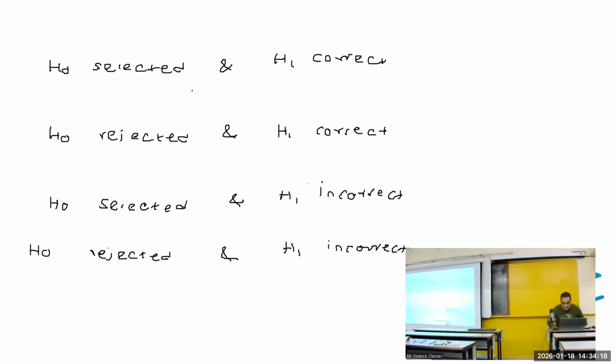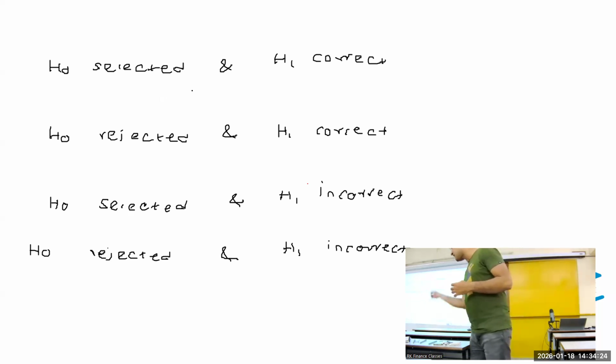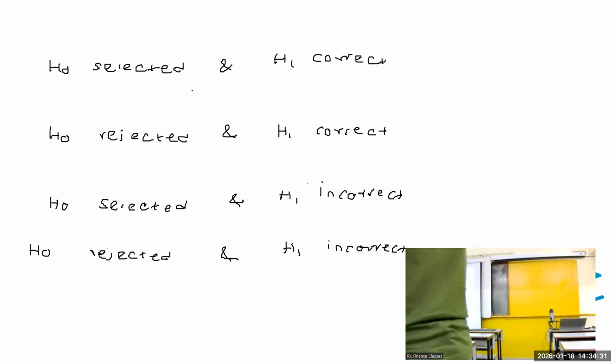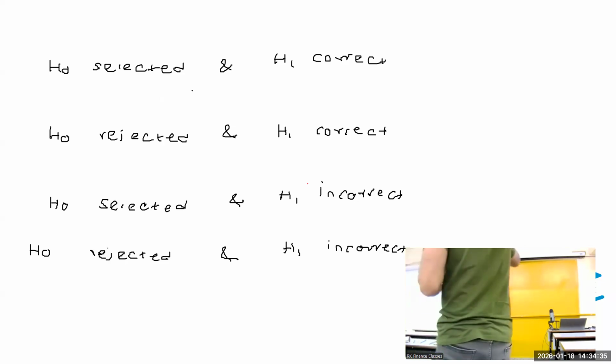Okay, so quickly I'll walk around and see what you have written. Let's see if someone gets 4 on 4. Type 1 error, correct decision and type 2 error. Correct decision, type 1, type 2 and correct decision.